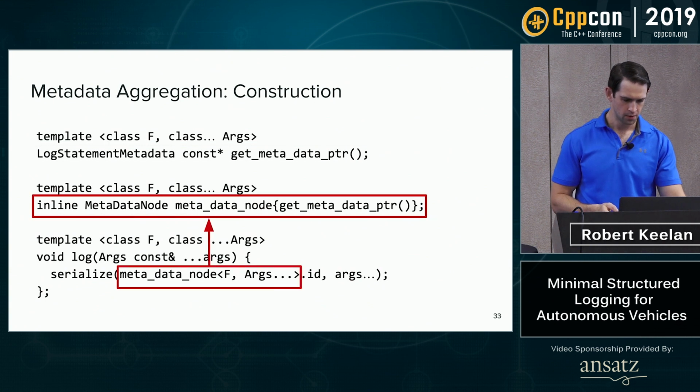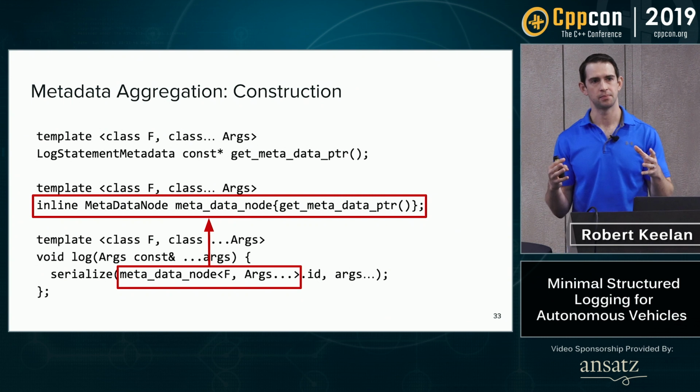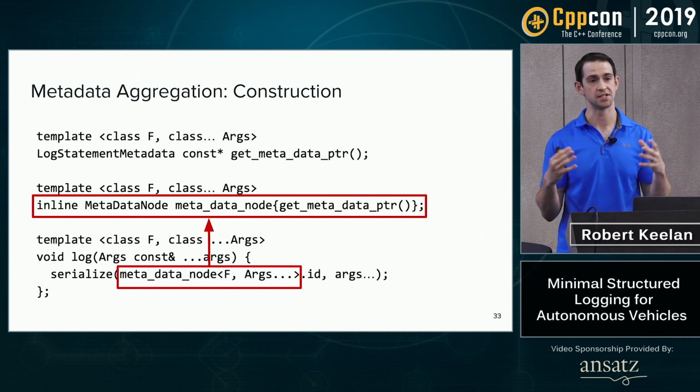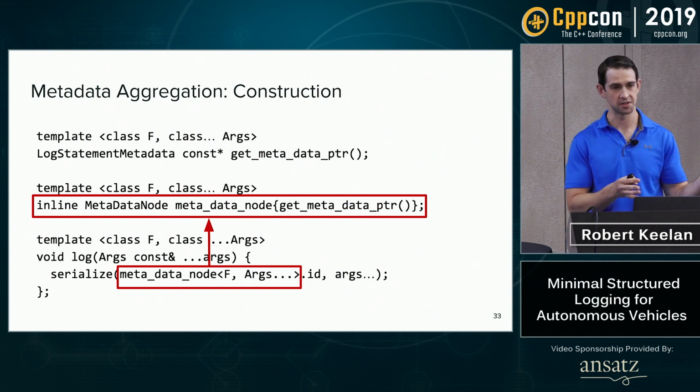Okay. So we create a type. That type can be constexpr default constructed and has a constexpr callable operator. That way, when we pass that as an explicit template parameter f in our log function, right? So now we have this metadata node.